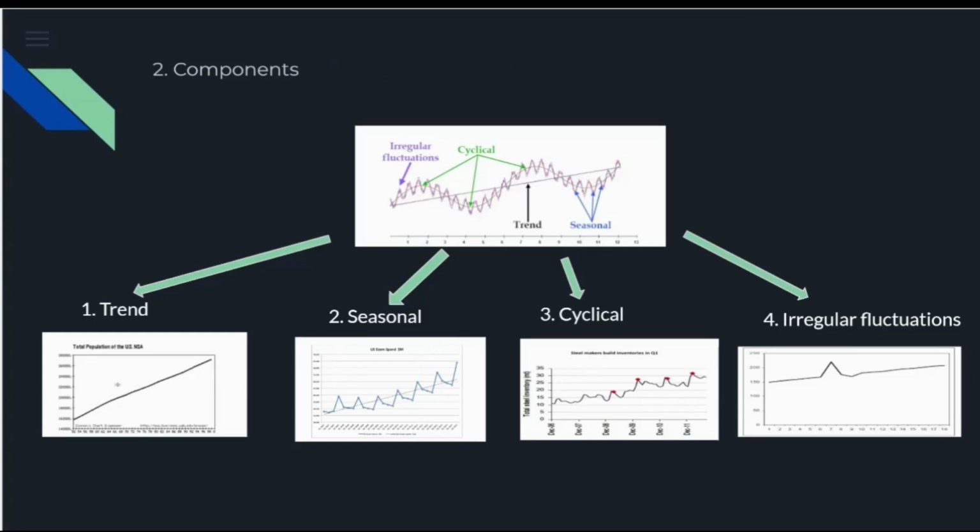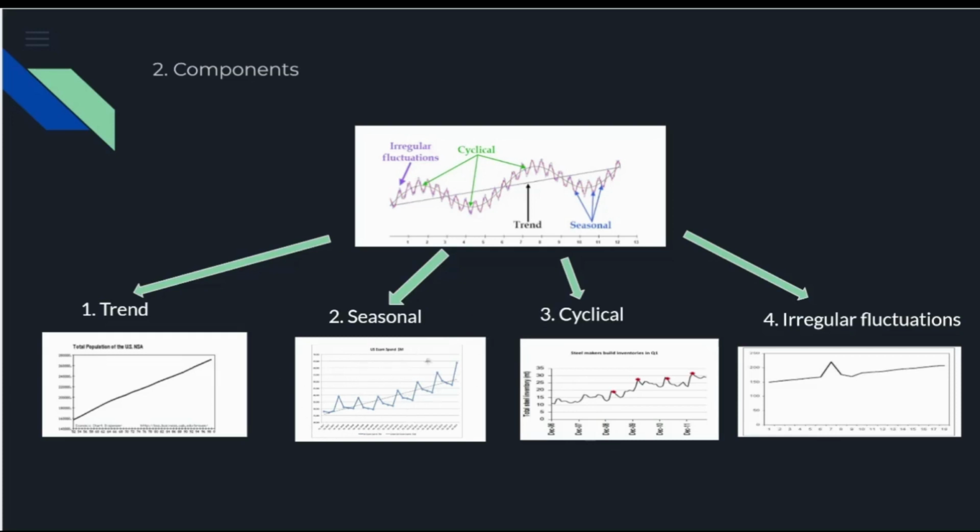The components aren't pointed out here, but they're there. So what I've done is break it down into four, so you can see the components being explained have been decomposed. Here's a trend line, an upward trend. And then number two is a seasonal aspect, which is regular variation that happens in less than a year.